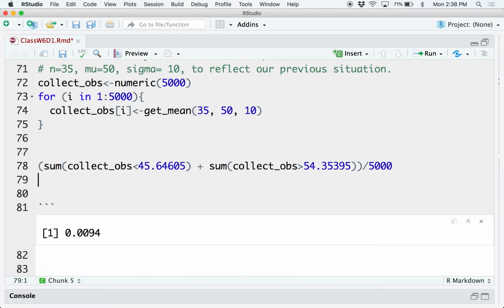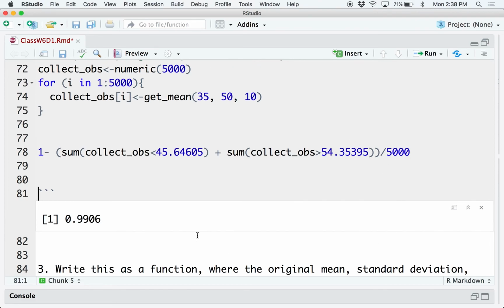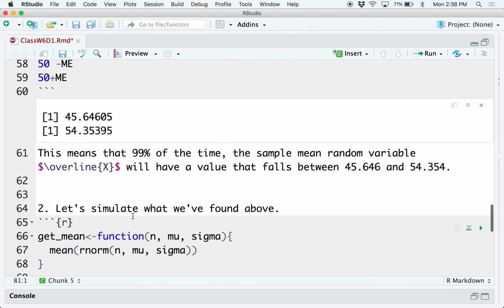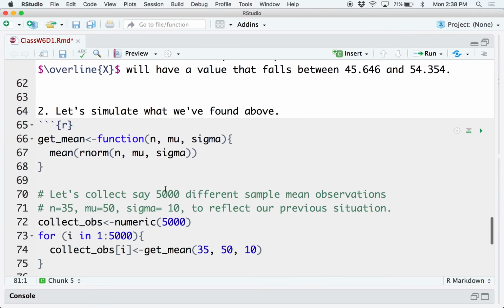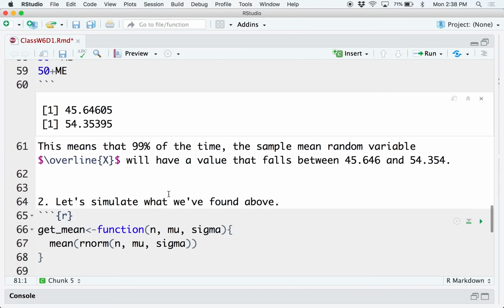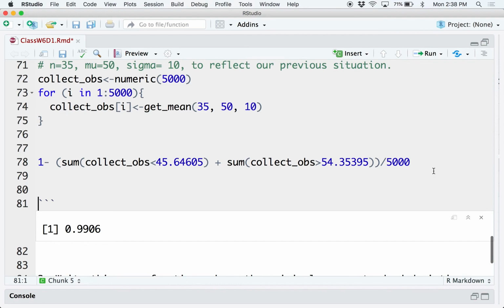So if I take 1 minus this value, it'll tell me what percentage of my observations fell inside of that interval. And you can see that it's essentially 99% of them. So this probability we can simulate using actual observations. If you generate a bunch of observations, roughly speaking, 99% of the observations should fall inside of this interval. Does this make sense?